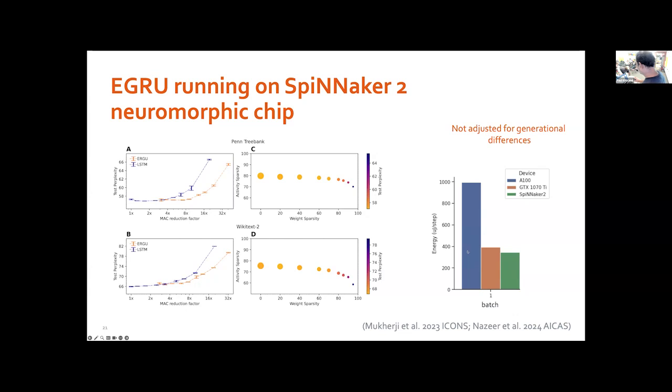Implementing this on SpiNNaker was much easier compared to a lot of other deep learning models, because it's a recurrent network and has a natural fit in terms of how the sparsity is mapped to the hardware.